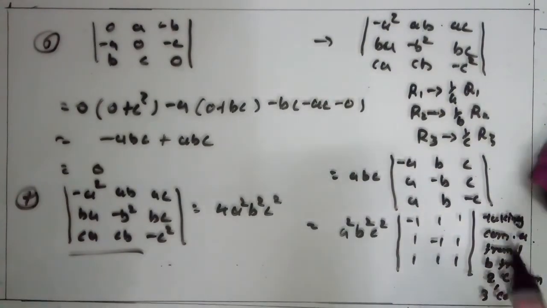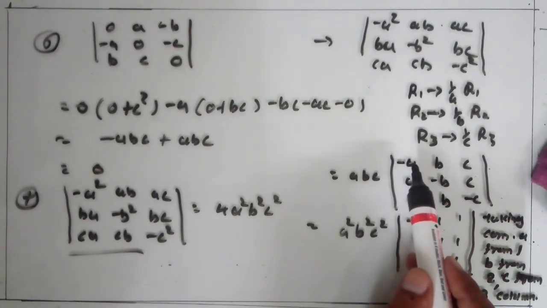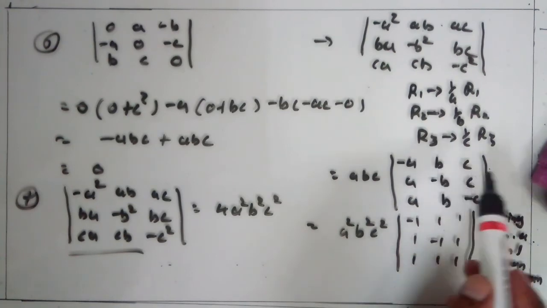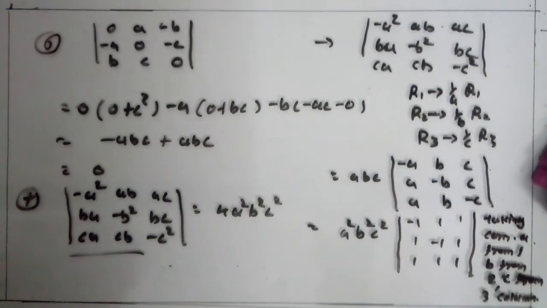The operations are C1 implies 1 by A C1, C2 implies 1 by B C2 and C3 implies 1 by C C3. In place of this verbal form, we write it in symbolic form.